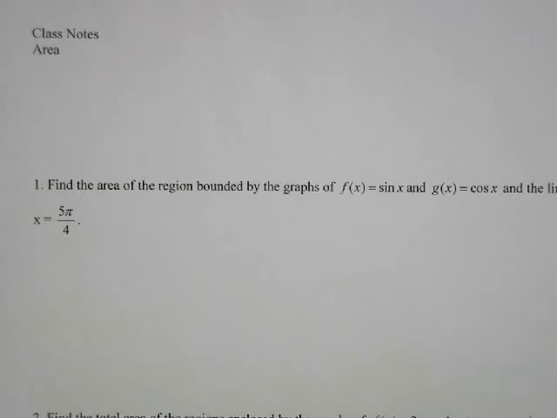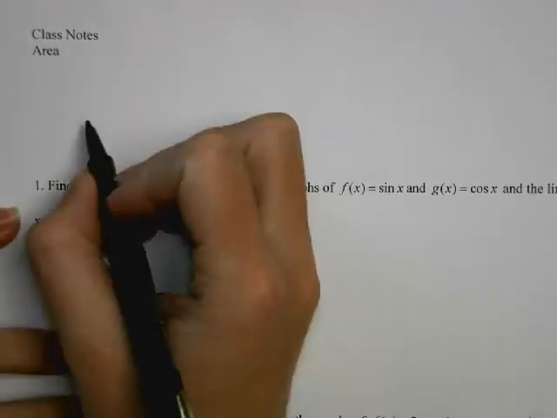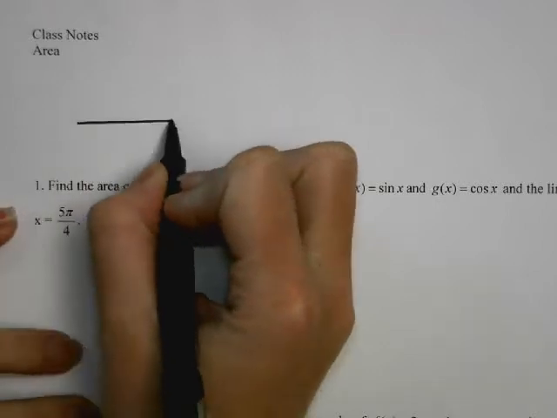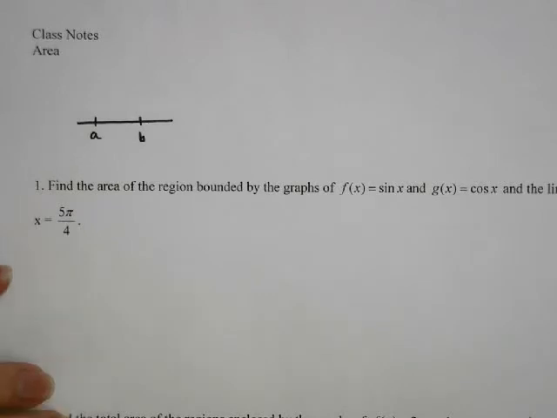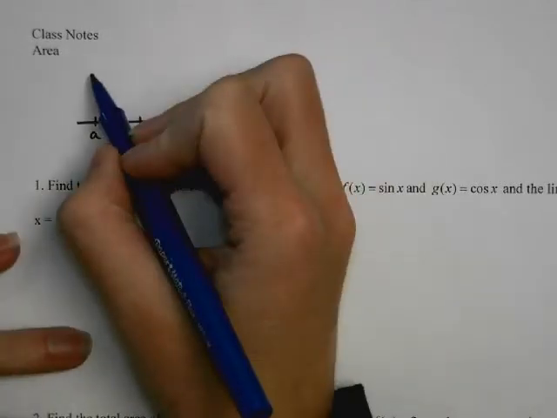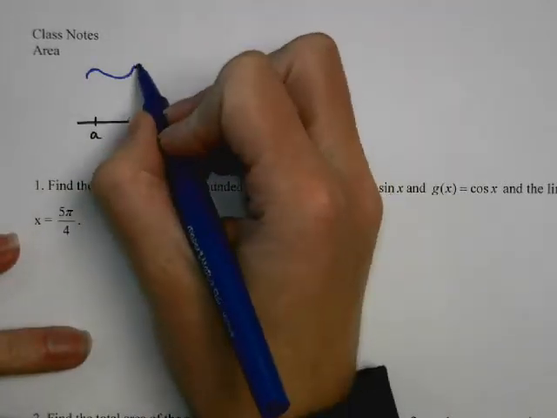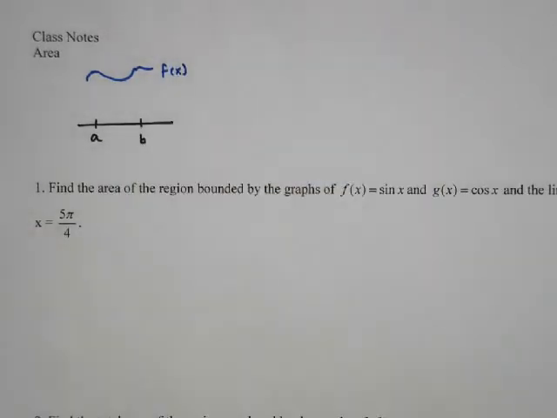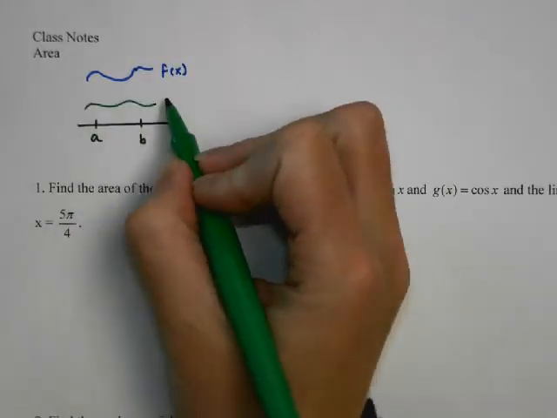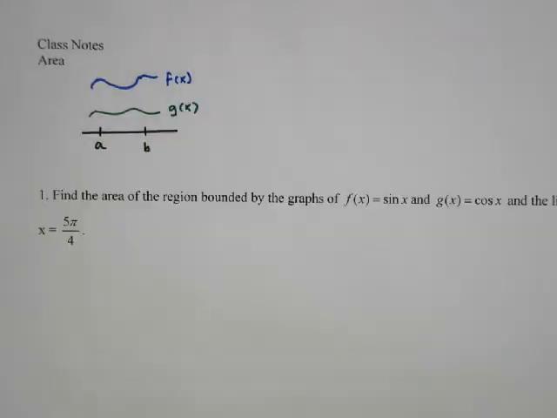Today we're going to talk about using integrals to find the area of different functions. So let's say I have two functions. Let's call that f of x and call that g of x.